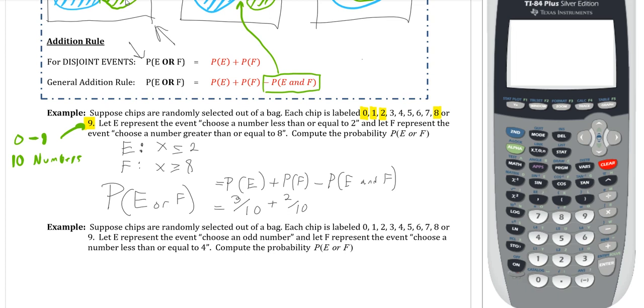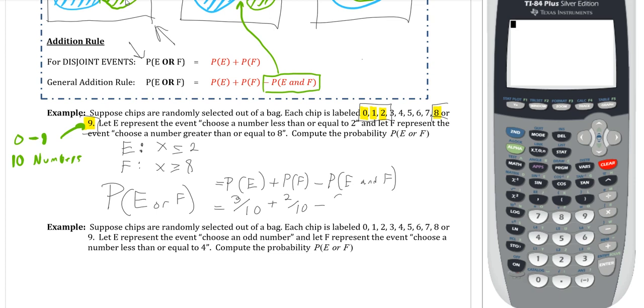Then we subtract the probability of both of them happening. So then my question is, are there any values between 0 and 9 that are simultaneously less than or equal to 2 while also being greater than or equal to 8? That's what AND is going to mean. They have both of those qualities. Even from what I shaded, 0 through 2 and 8 and 9, there's no overlapping outcomes there. Nothing was counted twice.